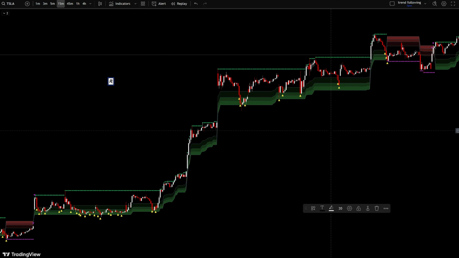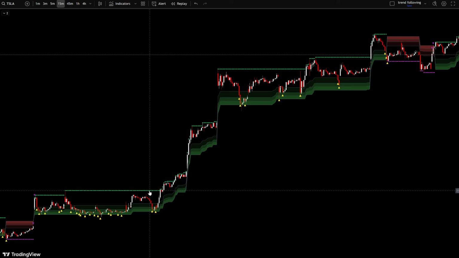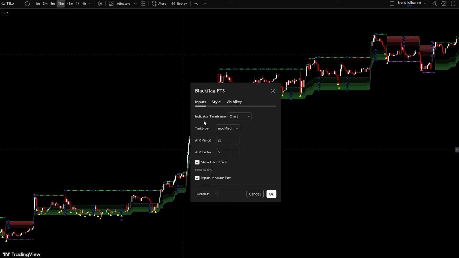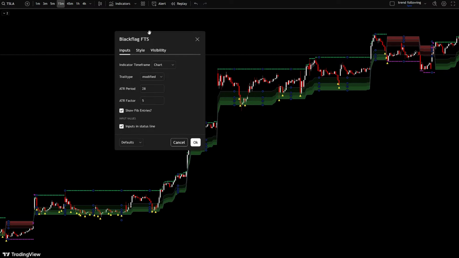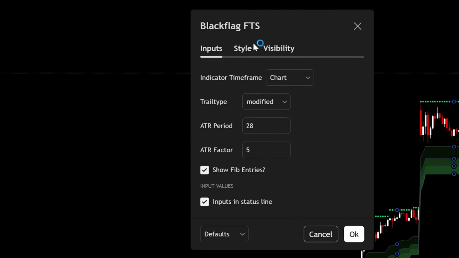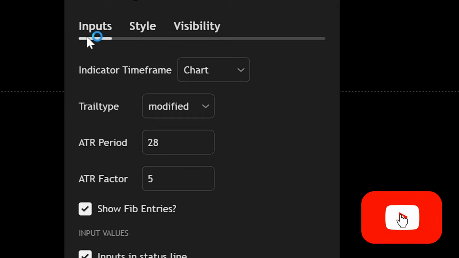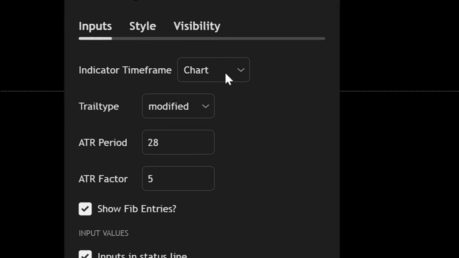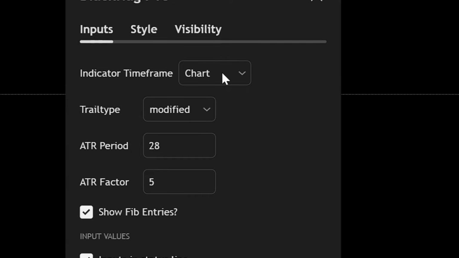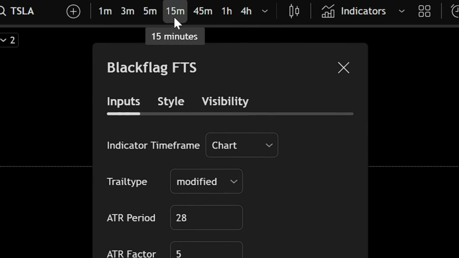It needs one crucial tweak. Open the settings and under the input find the time frame option. This is key. Set the swing arm to a higher time frame than your chart.